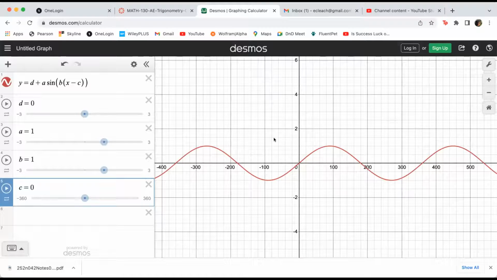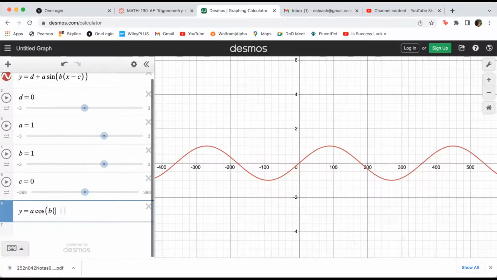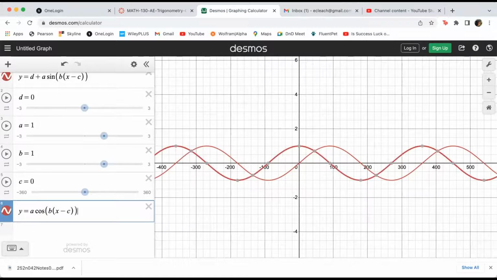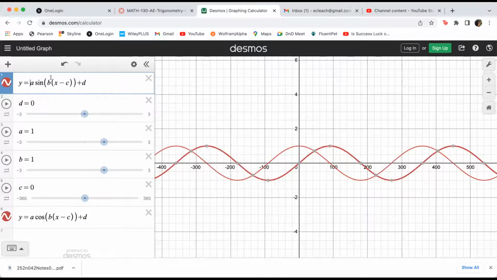Okay, so you can see I've set up y equals a sine, but we can also have y equals a cosine b times x minus c plus d.